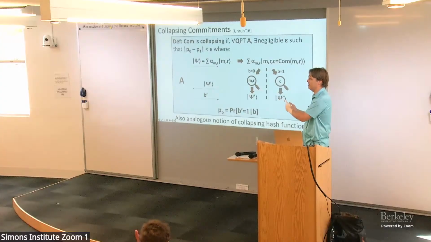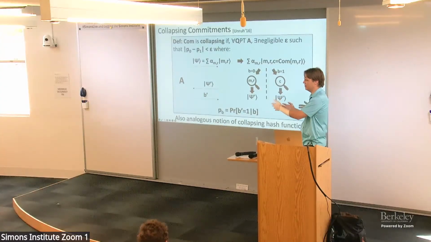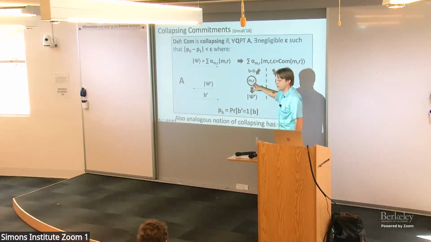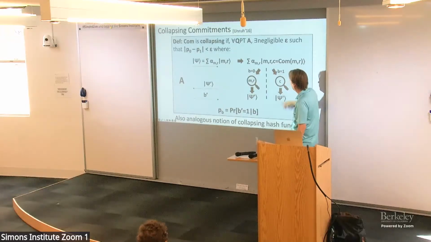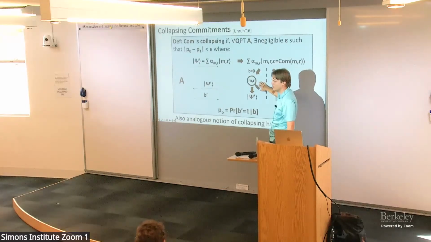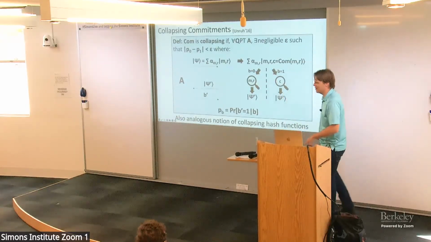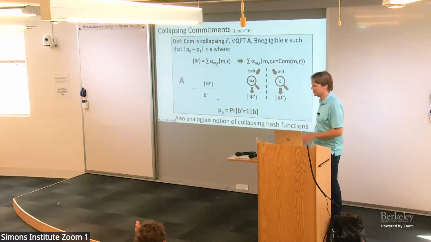You could also say you only have to have a different message, or you can say actually all you need is a different message-randomness pair. And it's kind of the same analog. So there's a weak and strong form of binding for classical commitments, and we have the same thing here. This is what you get from collapsing hash functions, and I was thinking about collapsing hash functions when I wrote this.